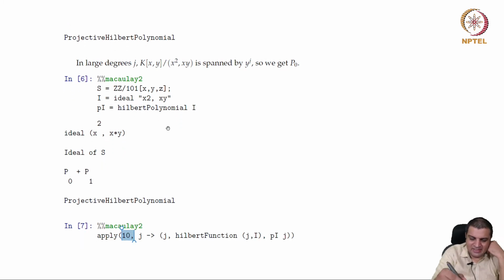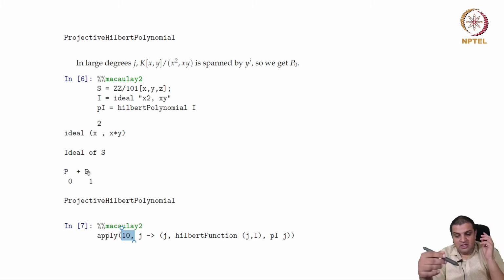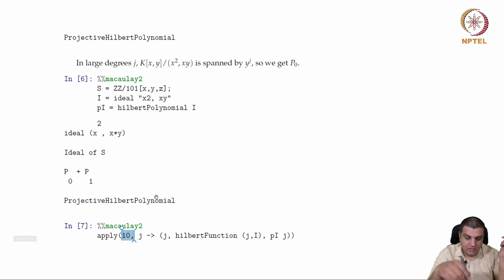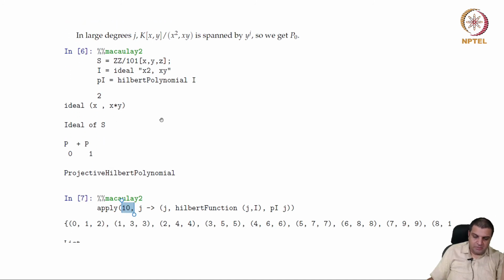Now we change the ring just a little bit: x, y, z, and x squared, xy, the same ideal. We ask for the Hilbert polynomial of I, and then we get P0 plus P1. Remember in the quotient now there are also terms that involve z. There will be powers of y, and every multiple of z will be there in the quotient. So we get a different Hilbert polynomial, P0 plus P1.